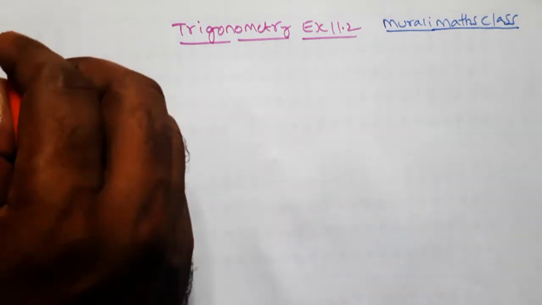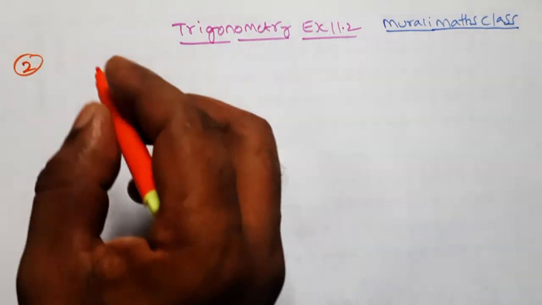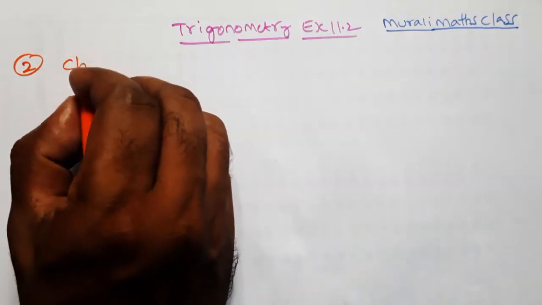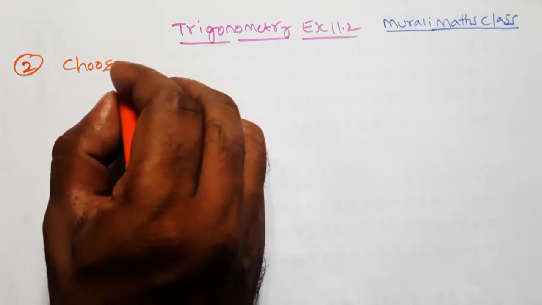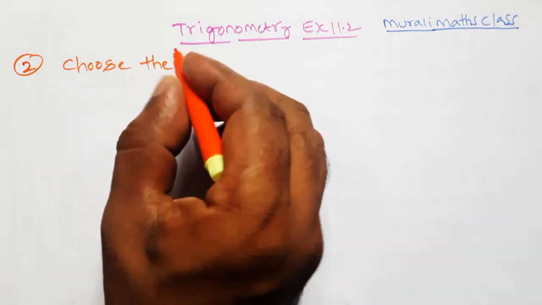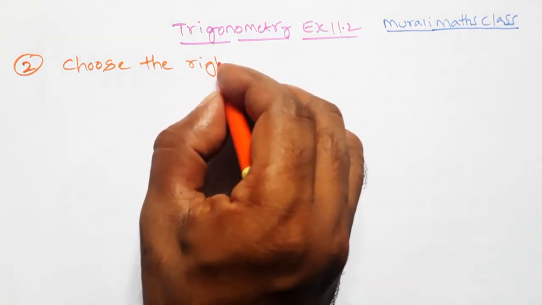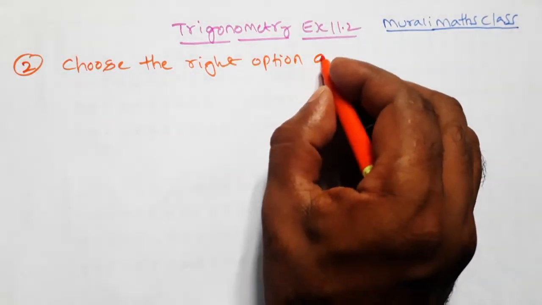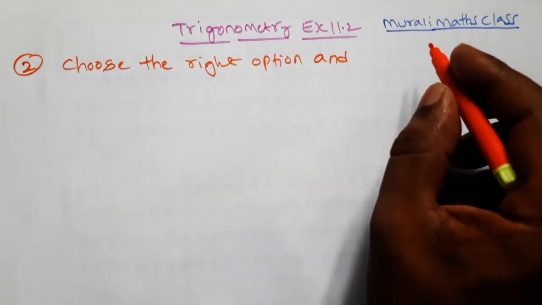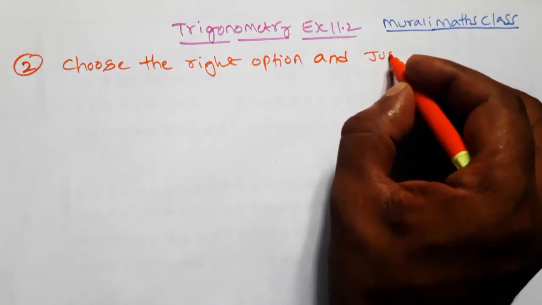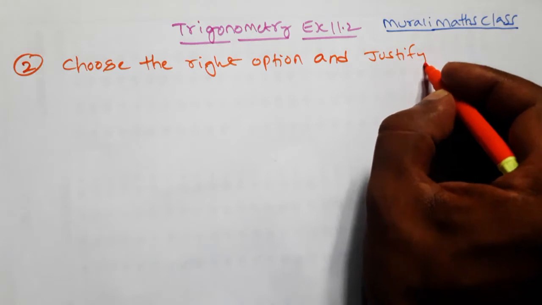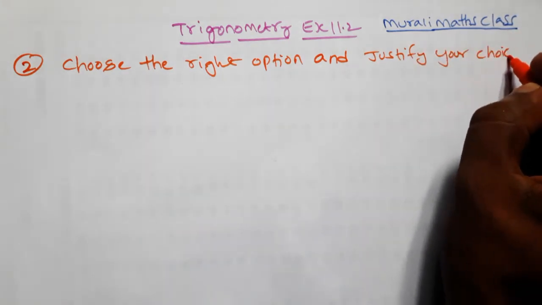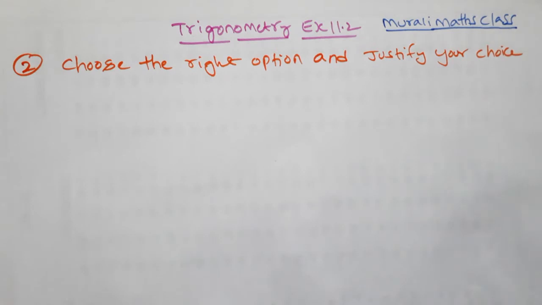The second one is given like this: choose the right option and justify your choice. So this is like an MCQ.